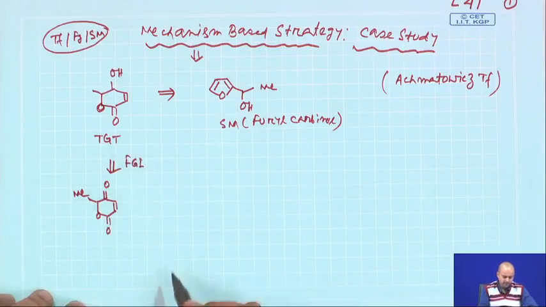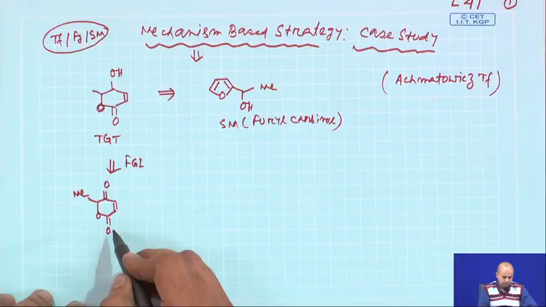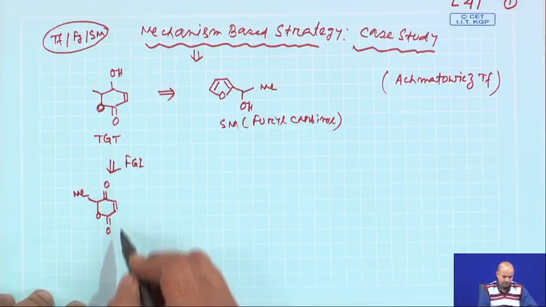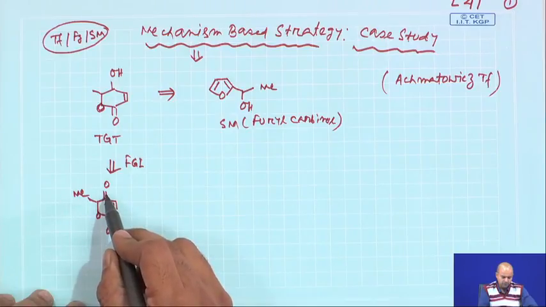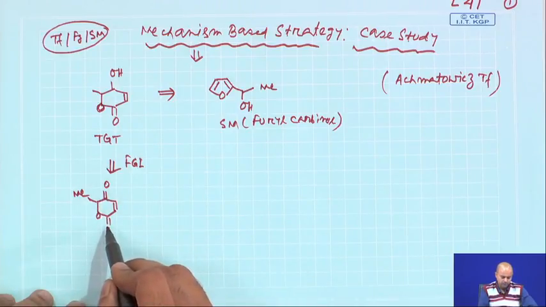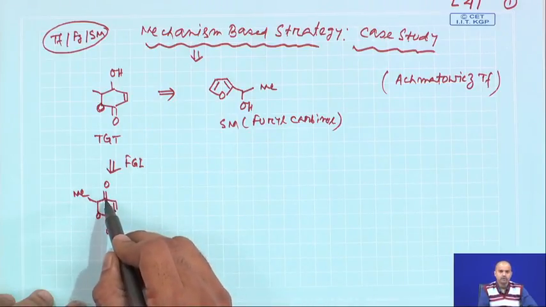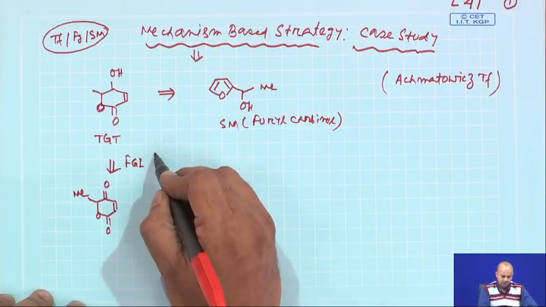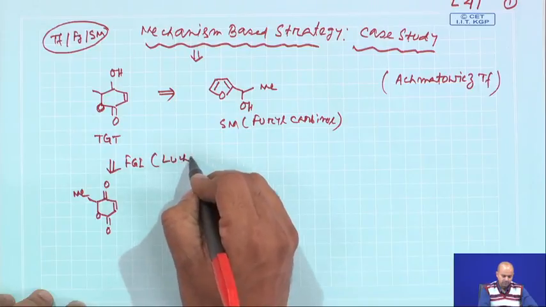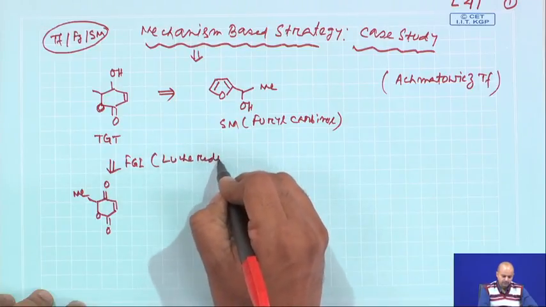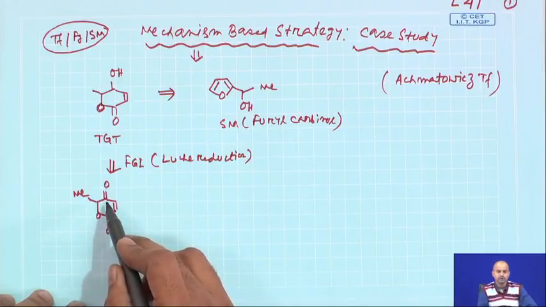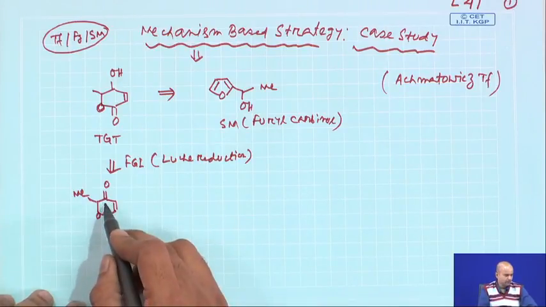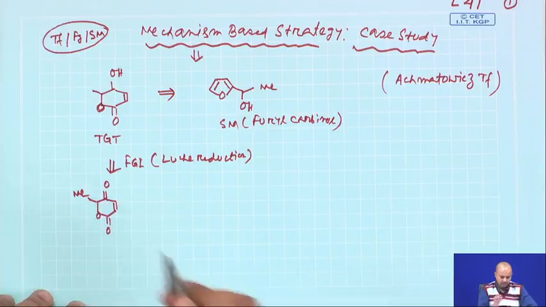You basically have an alpha beta unsaturated ketone as well as a lactone, and this ketone you can probably reduce with a mild reducing agent which you already discussed, maybe a Luche reduction. Luche reduction only touches the alpha beta unsaturated ketone.